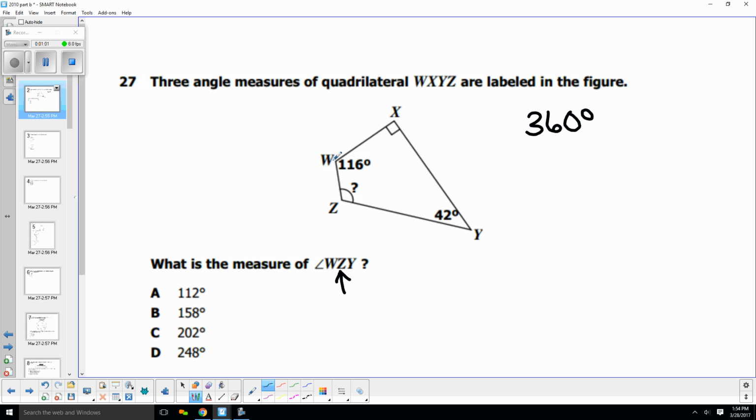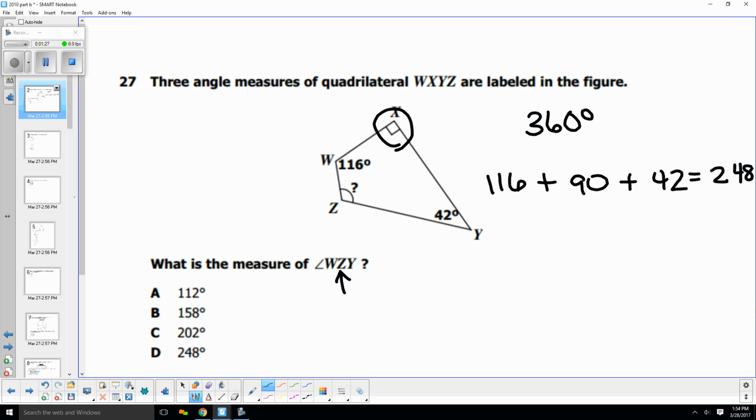So what you need to do at this point is add the three angles you know. I have 116. What does this represent? 90 degrees. So it's 116 plus 90 plus 42. Now, somebody add those up and tell me what you get. 248. Okay, thank you, Kaylee.